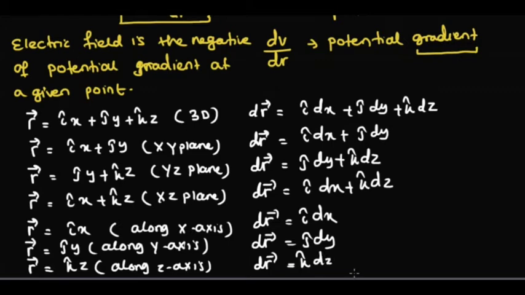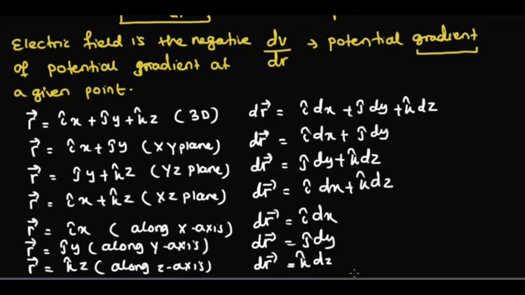So when we talk about dr vector, means the change in the position vector, we may consider the 3D space, we may consider the change in position in a given plane, or we may consider the change in position along a given axis. Is that clear? So potential is a scalar quantity.